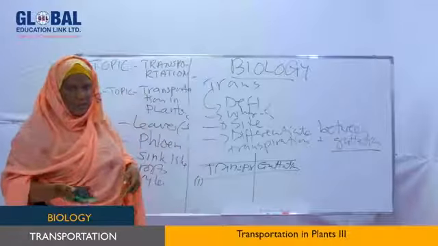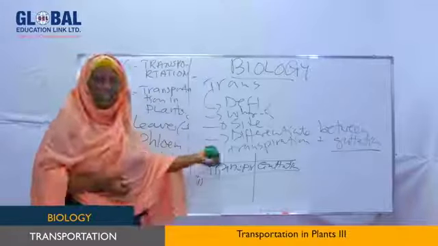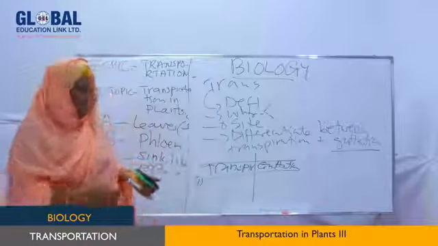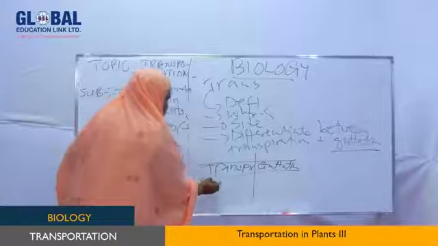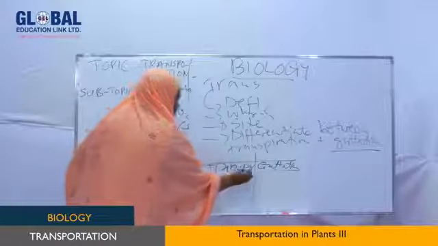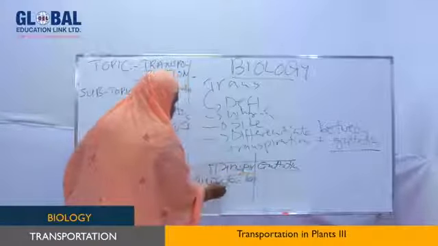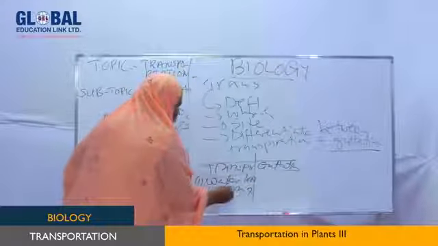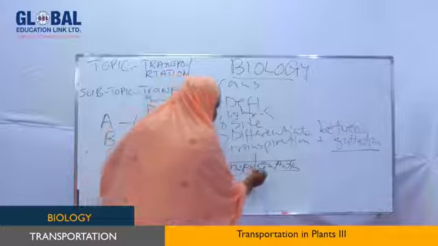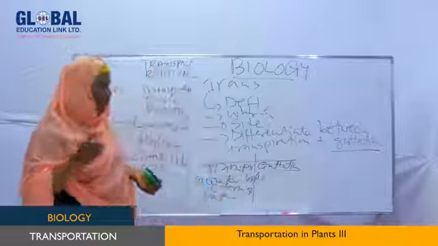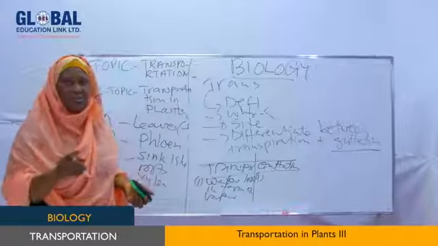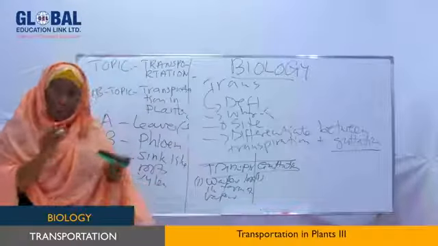For instance, you may say that in transpiration, water is lost in the form of vapor, while in guttation, water is lost in the form of liquid, and it is pure liquid.